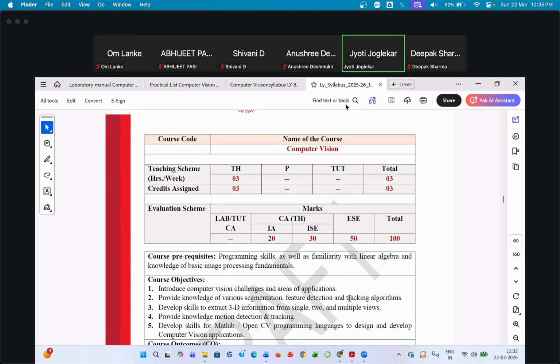So why it is important, I will focus on first and then we'll see the syllabus. Computer vision is the area where you are managing and processing data which is unstructured data, as Bharti madam told.